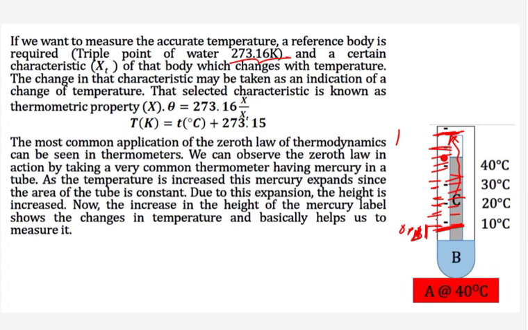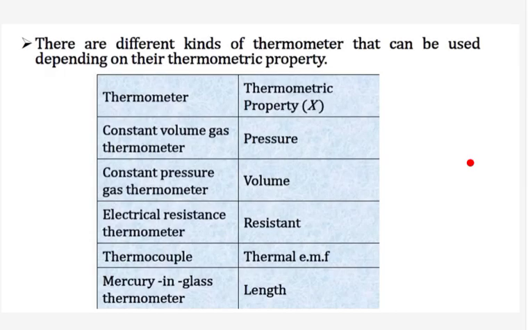What we have to see is what is changing. What the thermometric property means is what is changing in this particular thing when the heat transfer is changing. The change is the height or the length of the mercury in this tube. So that is our thermometric property. Now we'll have to calibrate that length with the temperature. That's why this length has become our thermometric property. Is it okay to you?